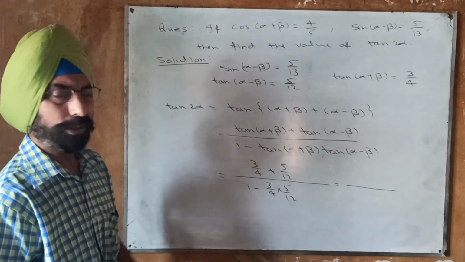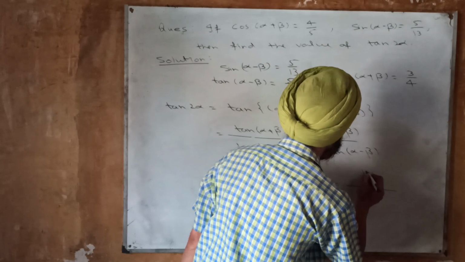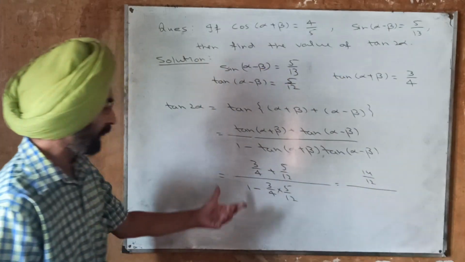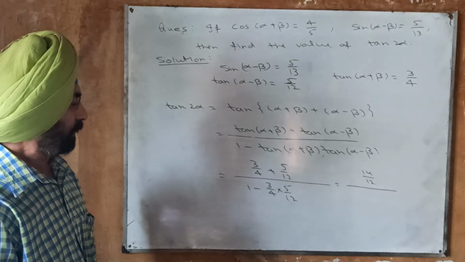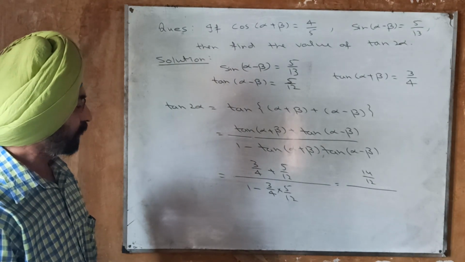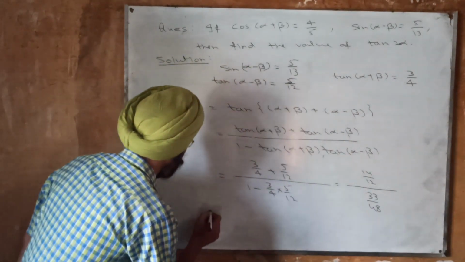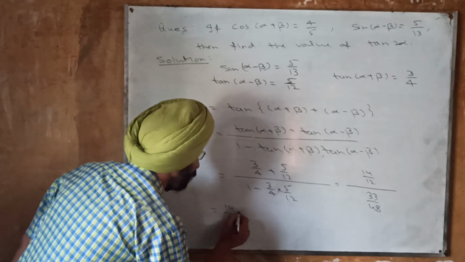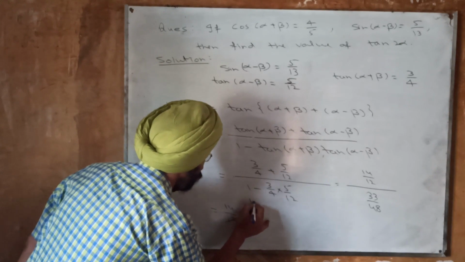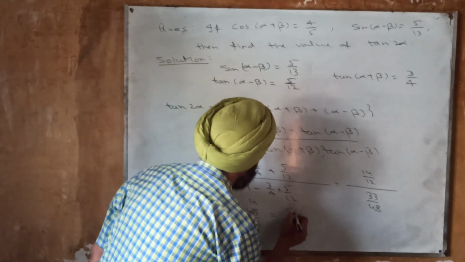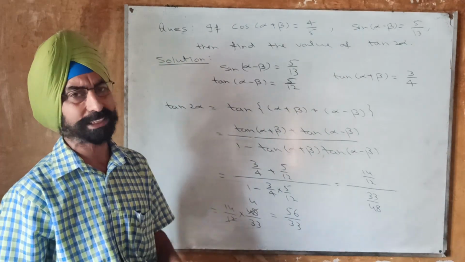So numerator you will add, it will become 9 plus 5, 14 upon 12, and in the denominator you will get 48 minus 15, which is 33 upon 48. So it will become 14 upon 12 into 48 upon 33. It will be cancelled by 4. So 56 upon 33 will be the value of tan 2 alpha in this case.